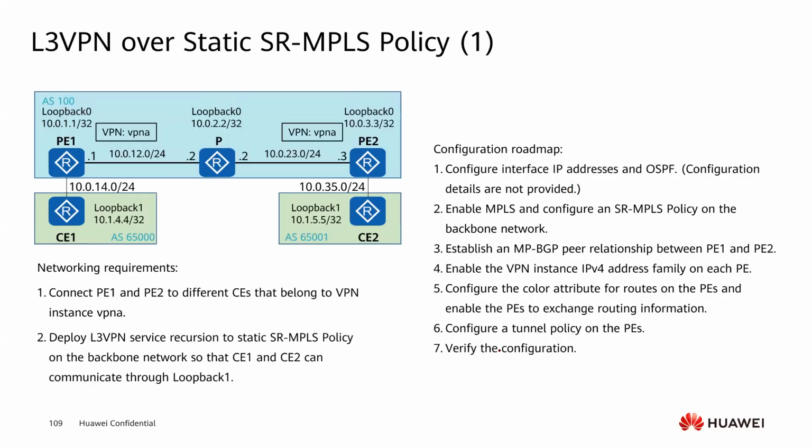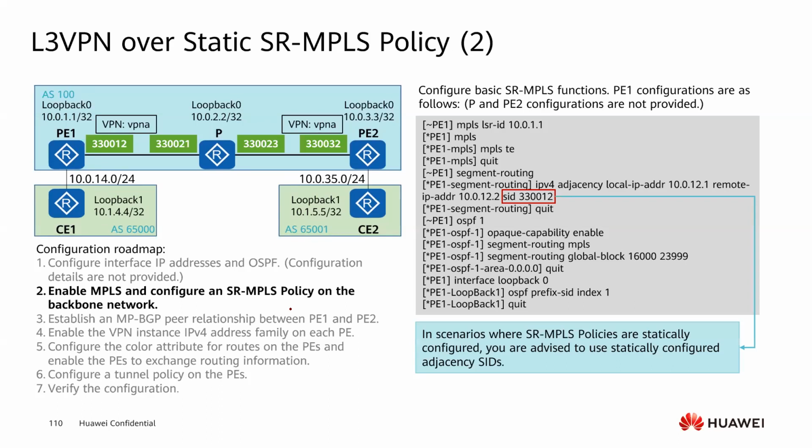Okay, and the last will be for the SR policy. So for the SR policy, the basic configuration will be similar, like segment routing. Then here we can set some SID. This SID is statically configured.